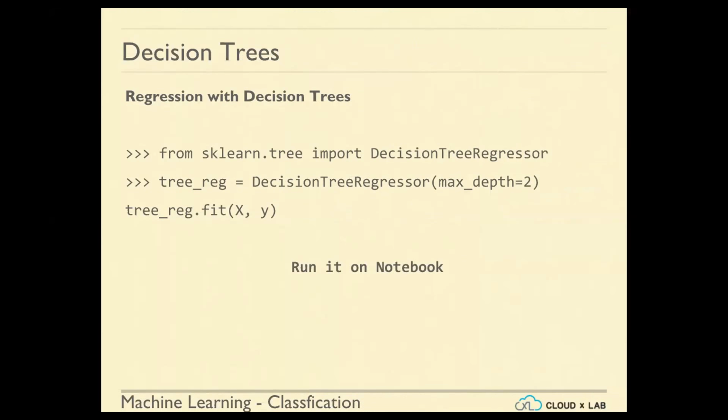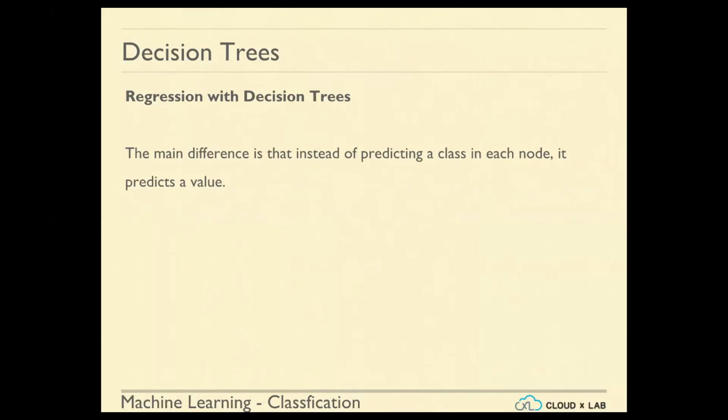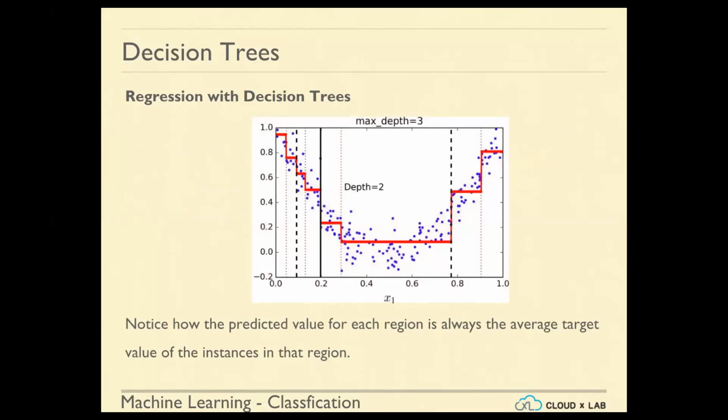So let's get into more details about regression. The main difference is that instead of predicting a class in each node, it predicts a value. Notice how the predicted value for each region is always the average target value. So when we do regression using a tree, the value that you see is the average target in that region, and so on.